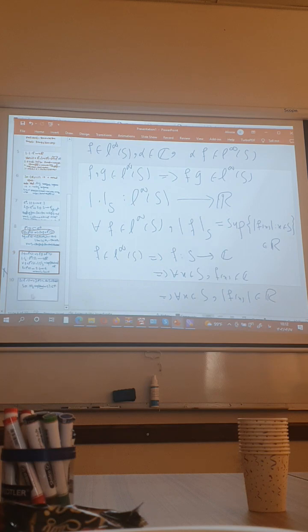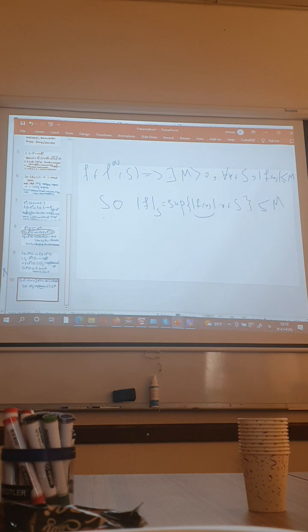Now you can simply check that this is a norm function. For example, for any f in L infinity, it is very trivial that this is non-negative.